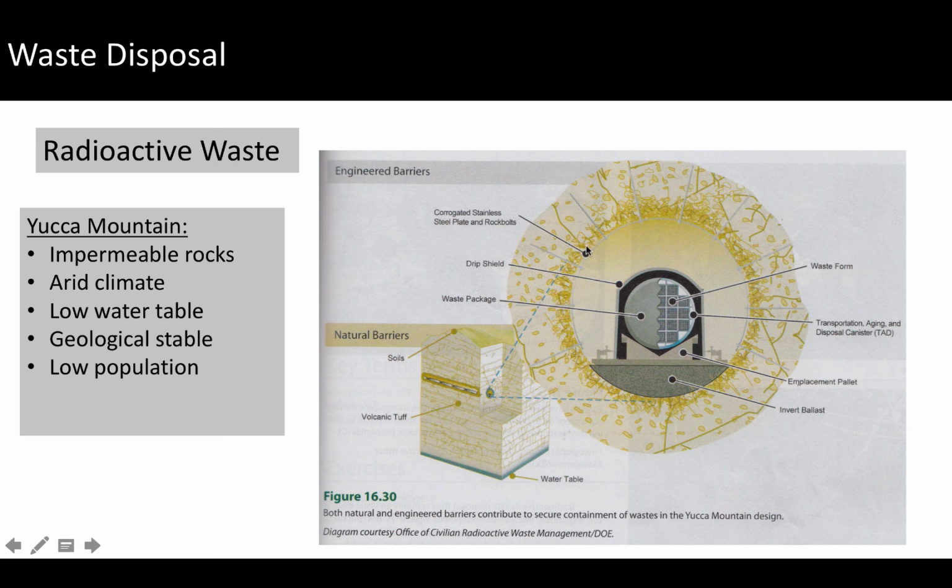There's a stainless lining that goes all the way around the container, or at least in a semicircle around the container that's bolted into the rock. Okay? There's a drip shield over the rock, so that means if we have water coming in through, you can see all the fractures they've drawn in here, it's going to roll off and roll down. Okay, and so this is supposed to be a very sealed and protected system.